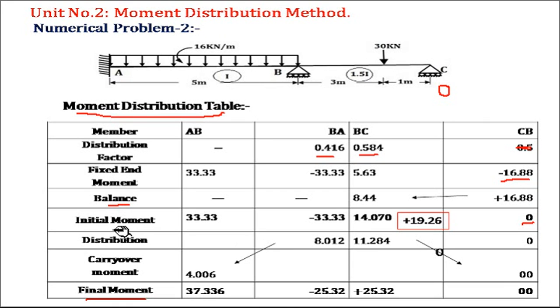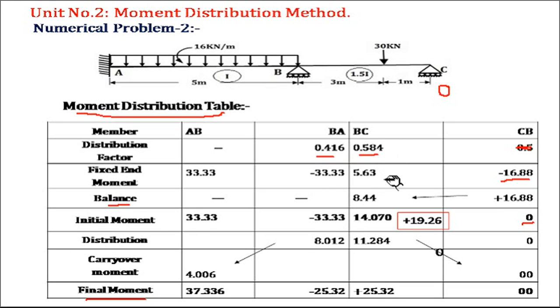The next step is to find the initial moment. The initial moment is the addition of the fixed end moment plus the balance. So 33.33 plus 0, the initial moment in member AB is 33.33. The initial moment in member BA is minus 33.33 plus 0, so it is equal to minus 33.33.